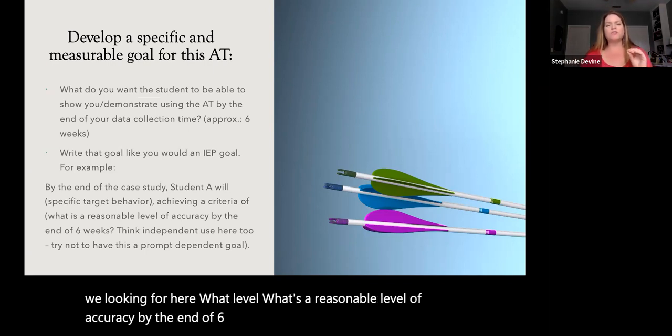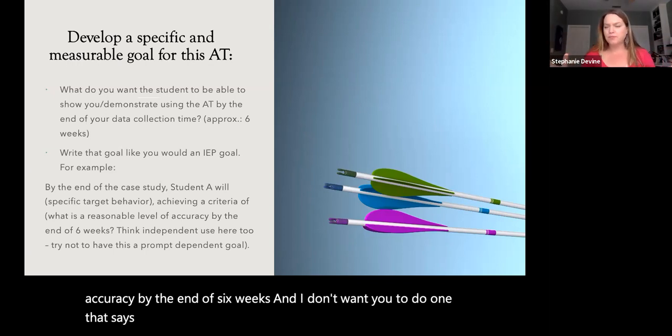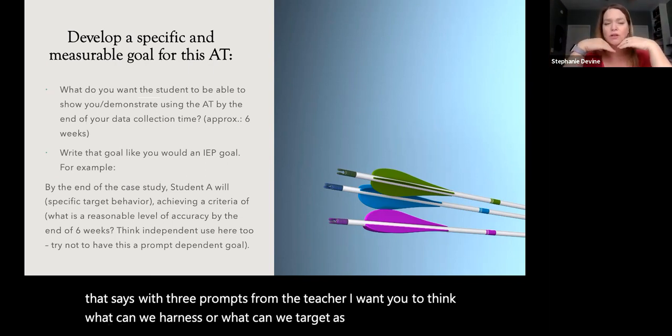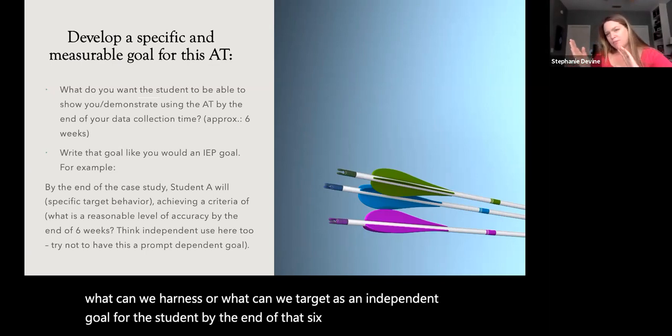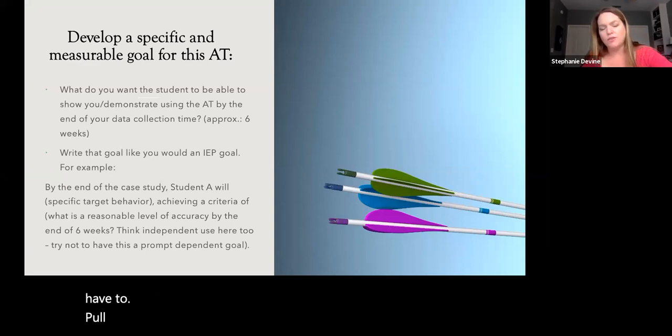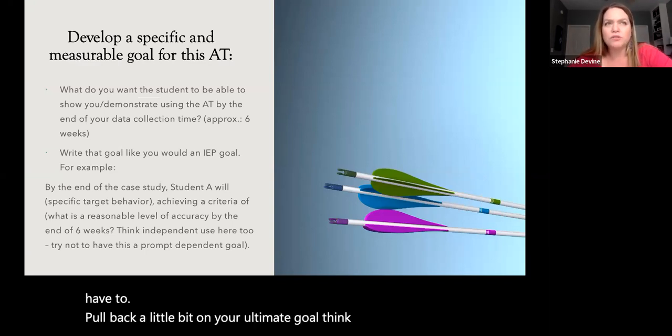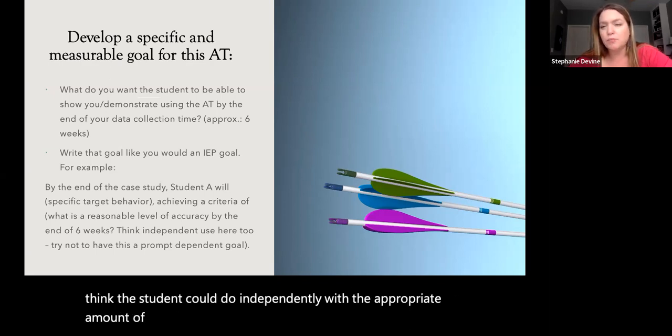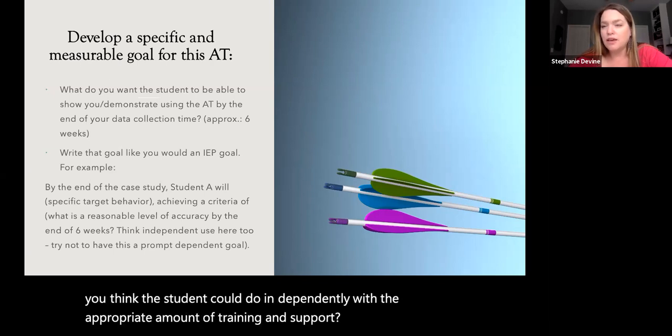I don't want you to write one that says, with 3 prompts from the teacher. I want you to think, what can we target as an independent goal for the student by the end of that 6 weeks? Even if you have to pull back a little bit on your ultimate goal, think about what the student could do independently with the appropriate amount of training and support in using the AT.